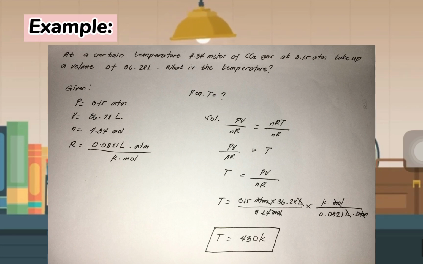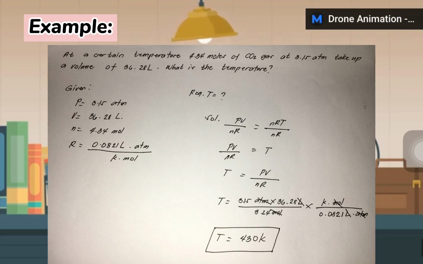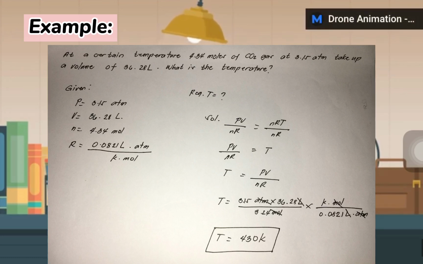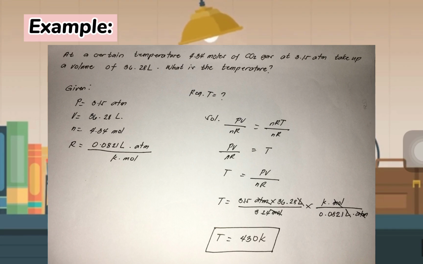Then substitute: temperature equals 3.15 atm times 36.28 liter over 4.34 mole times 0.0821 liter times atm over Kelvin times mole. So we'll do the cancellation process. We will cancel atm, the unit of mole, and the unit of liter.